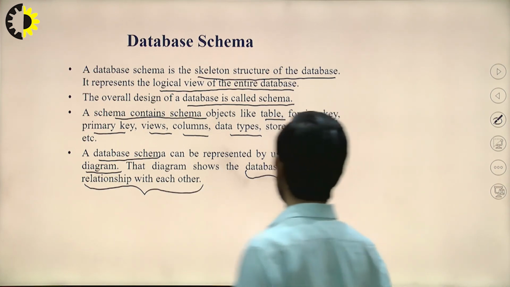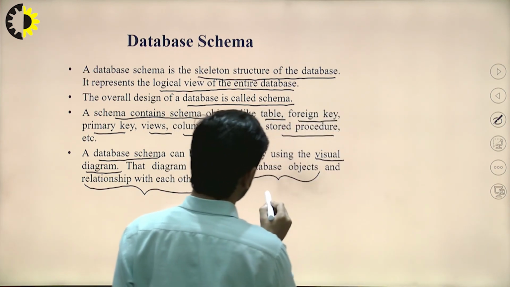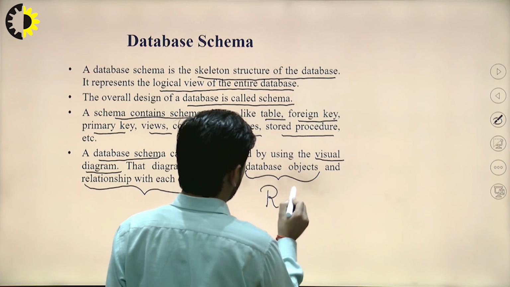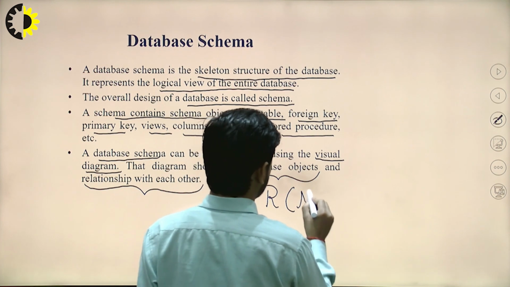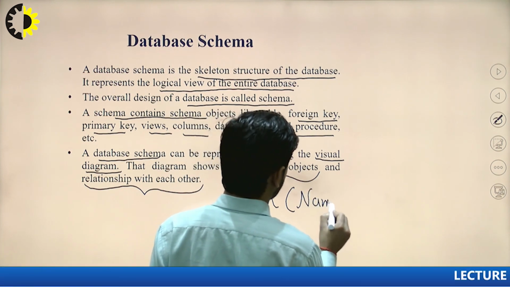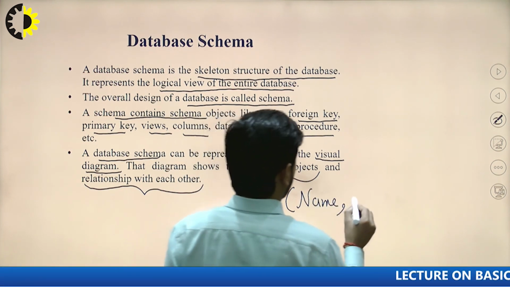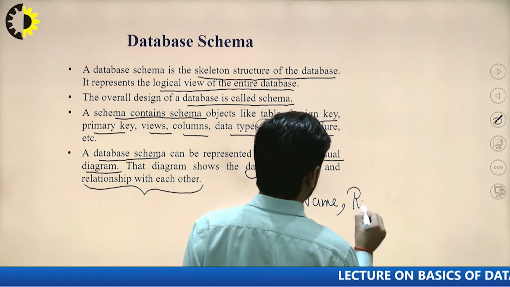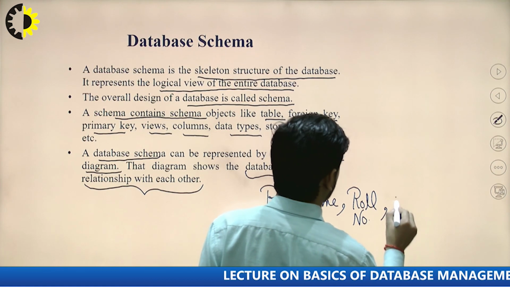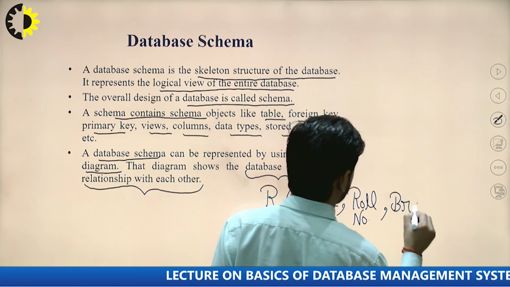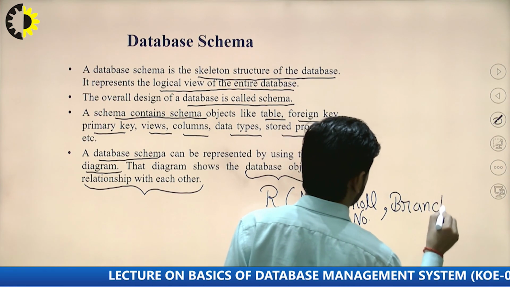In simple language, suppose I have a relation R and this relation has many attributes. Suppose name, or you can say roll number, or branch.